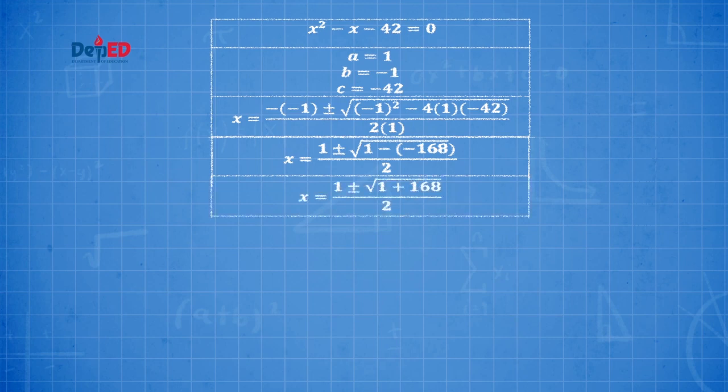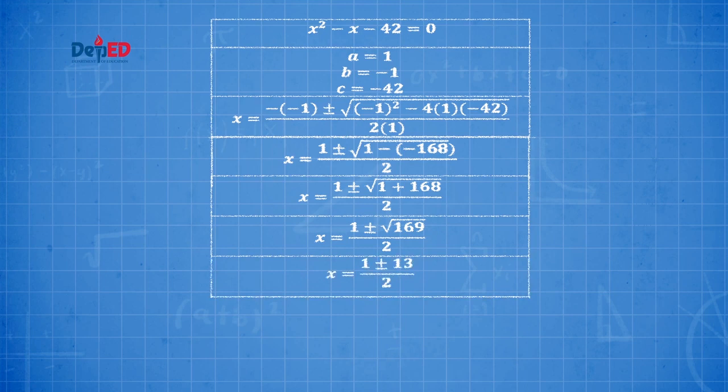1 minus negative 168 can be rewritten as 1 plus 168, following the rule in subtracting integers, which states that we change the sign of the subtrahend, then proceed to addition. Hence, the value of the discriminant is 169. The principal root of 169 is 13.